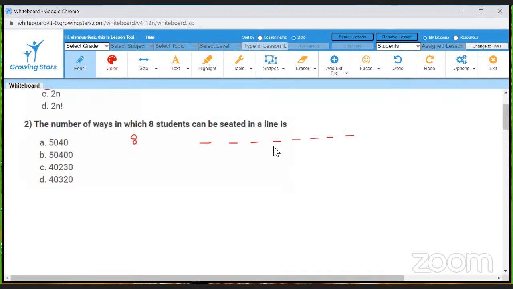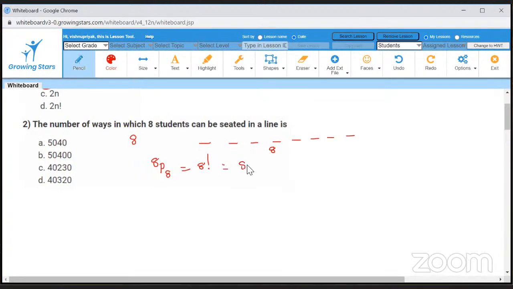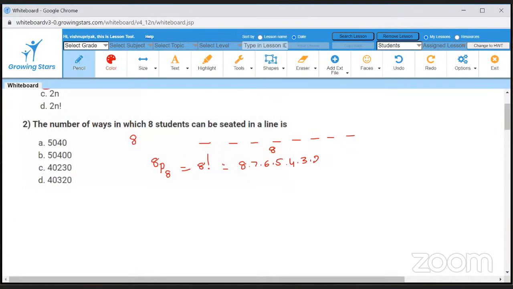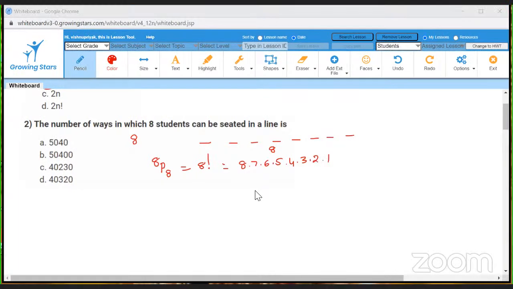So 8 students, 8 places. They have to be arranged in 8P8. That is 8 factorial. 8 factorial means 8 into 7 into 6 into 5 into 4 into 3 into 2 into 1. And that would be 40,320. So option D.